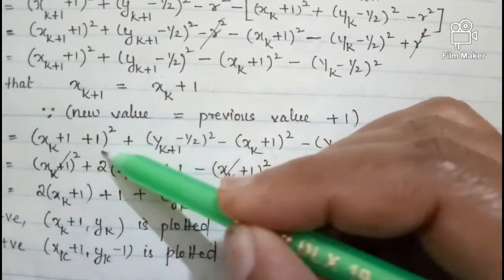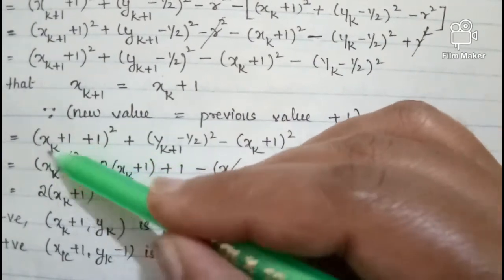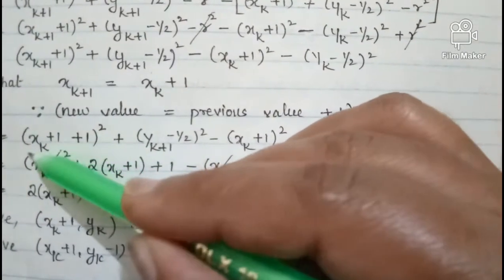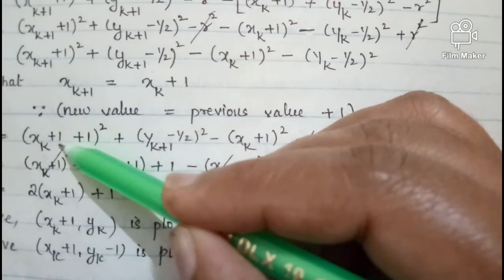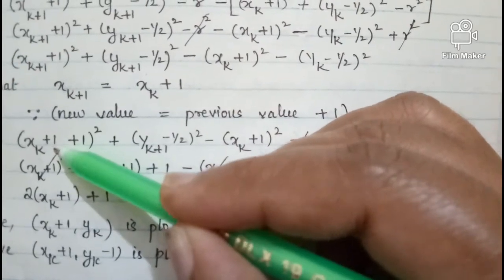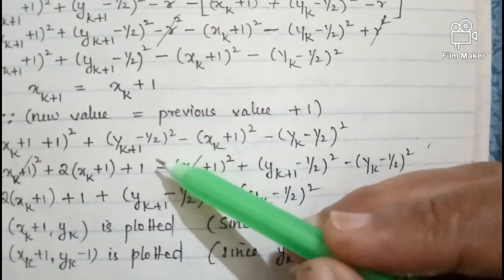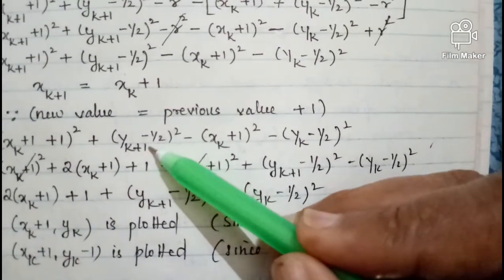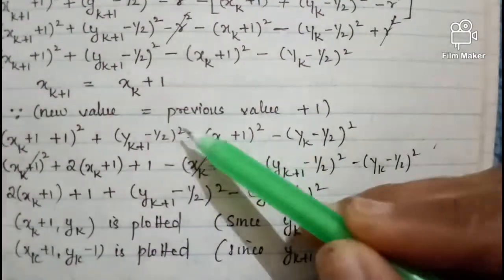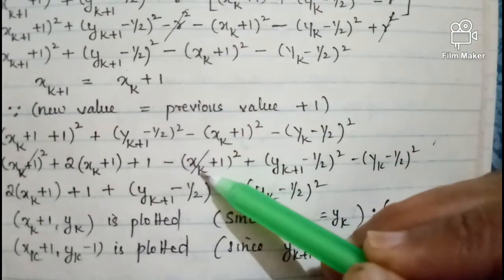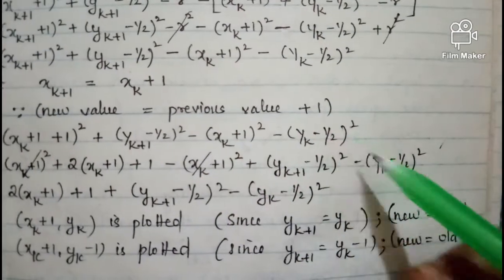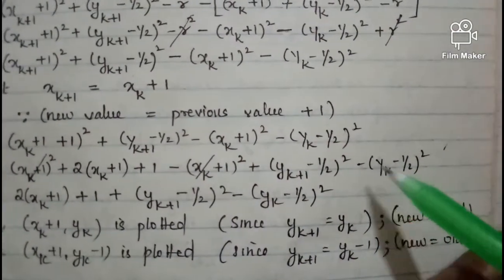Where this is used as a plus b the whole square. These two combined are used as the value of a. Now yk plus 1 minus half the whole square, it is written. This is written minus xk plus 1 the whole square and minus yk minus half the whole square.